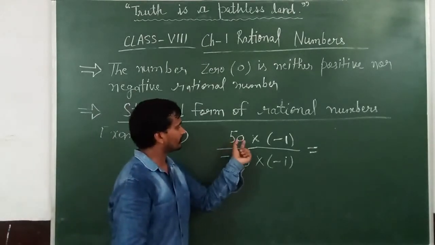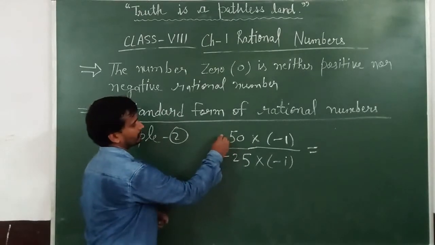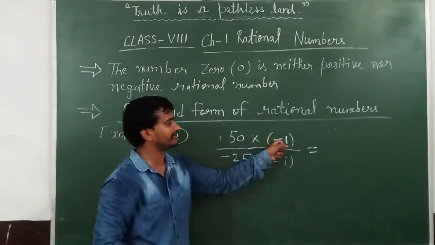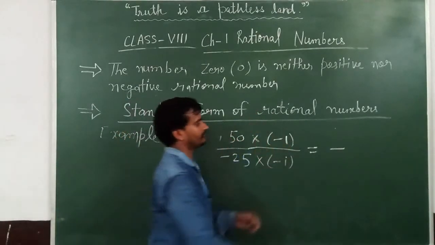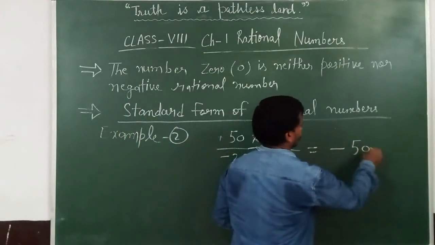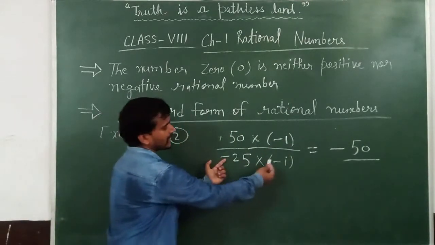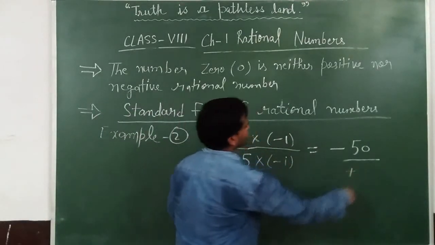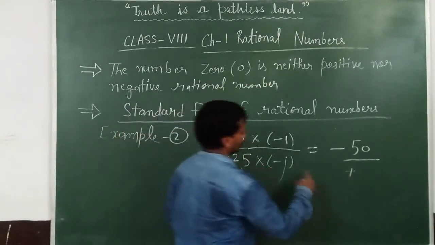So this will become 50 multiplied by minus 1 is minus 50, and minus 25 multiplied by minus 1 is plus 25.